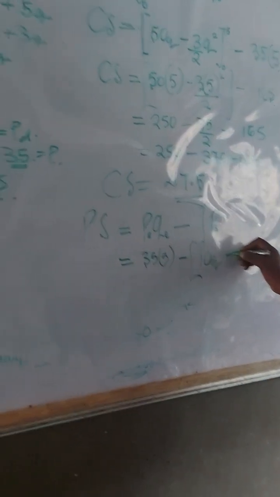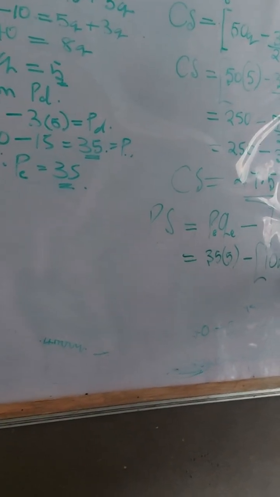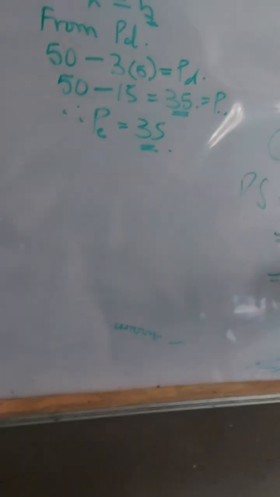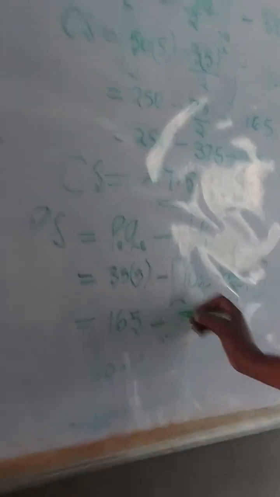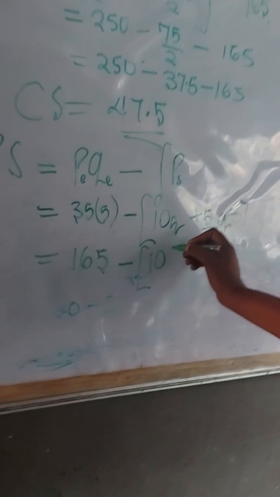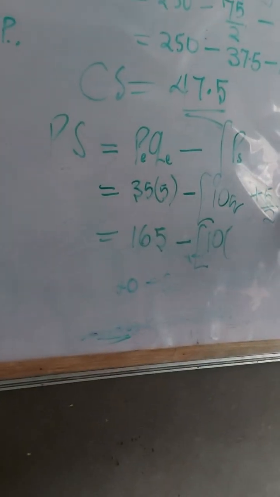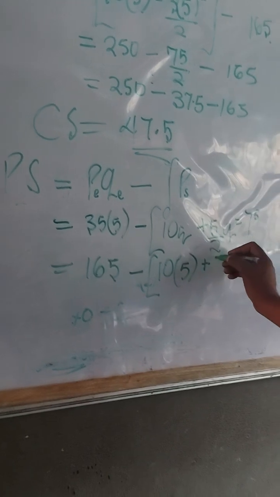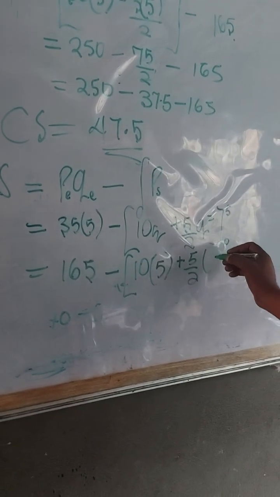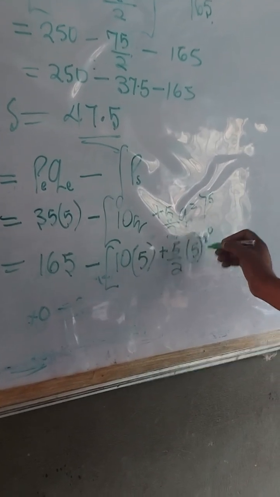So this one will give you 10Q, yes, plus 5 over 2 Q squared, class. So what do you have here? We have 175 minus, what is 10Q? 10, our Q is between 5 and 0. So our Q is 5, plus 5 over 2 into bracket 5 raised to power 2.